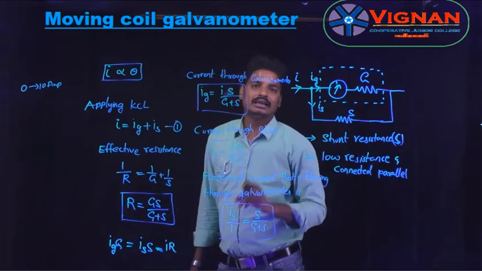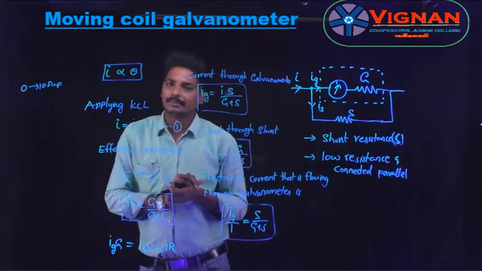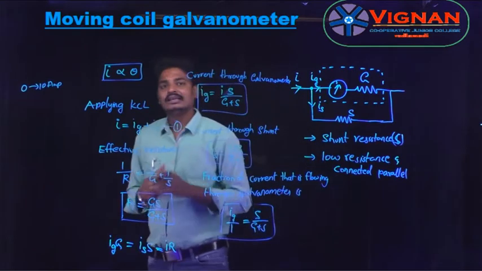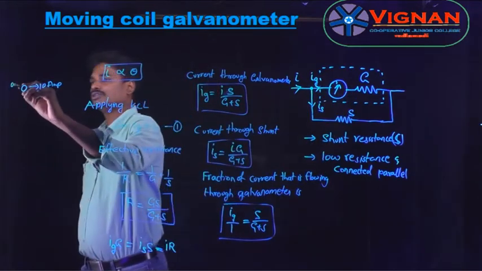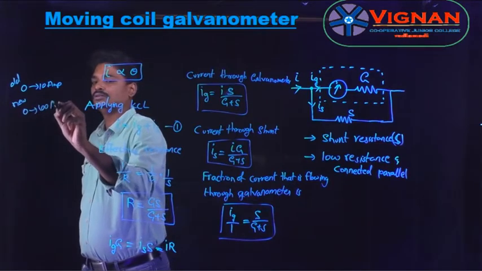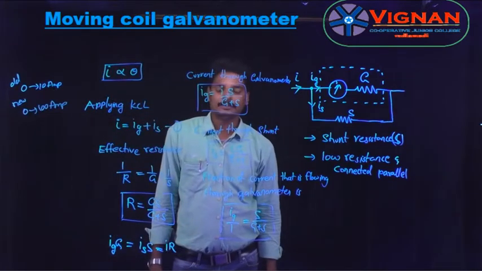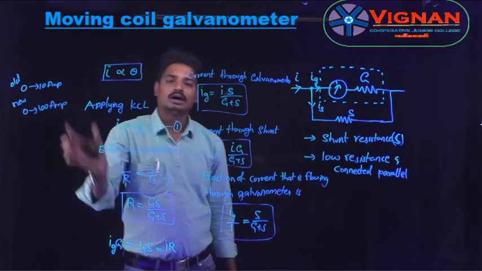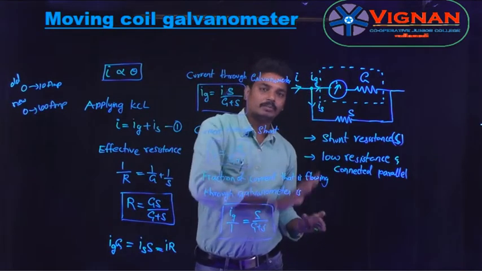But I need to connect the galvanometer in a circuit which carries a maximum current up to 100 amperes. So I need to increase the range of this galvanometer from 10 amperes to 100 amperes. The new range is 0 to 100 amperes, without damaging the galvanometer.